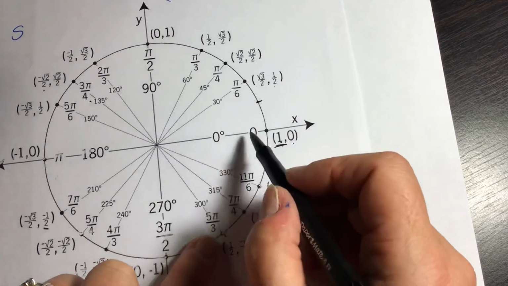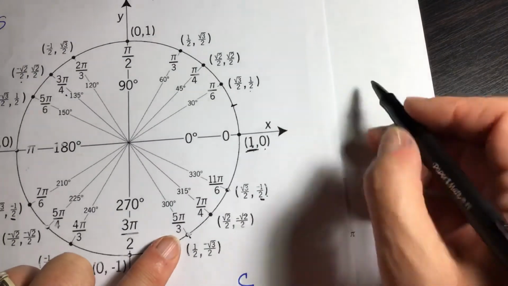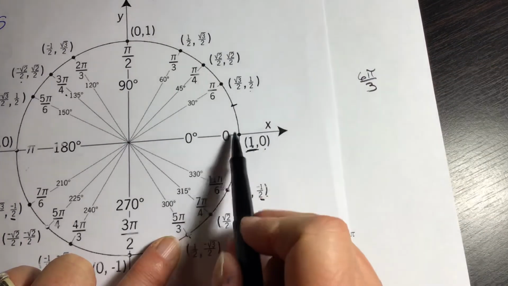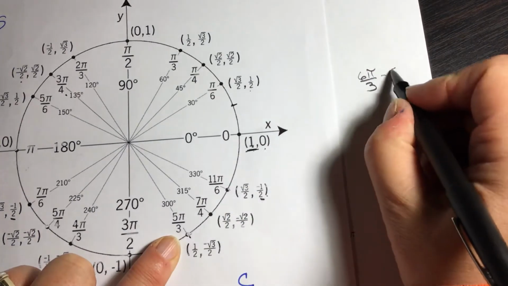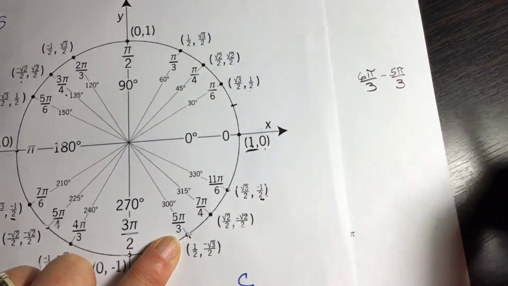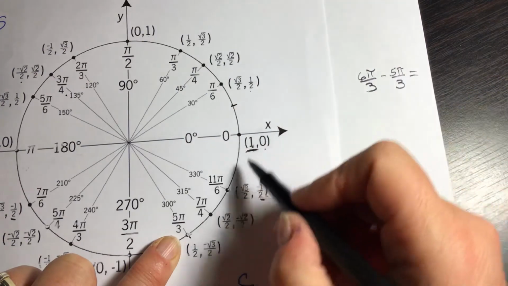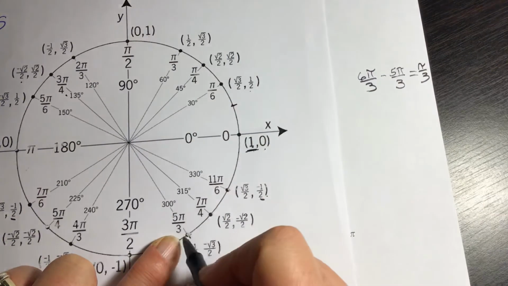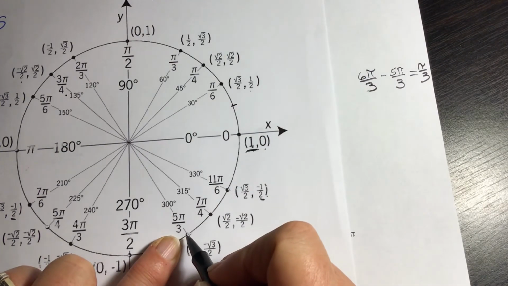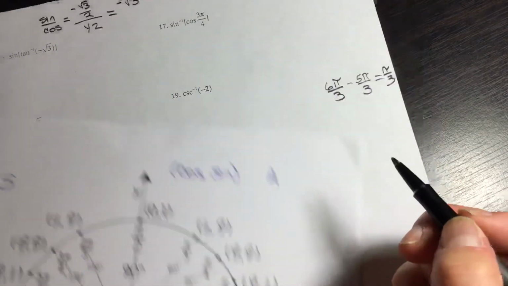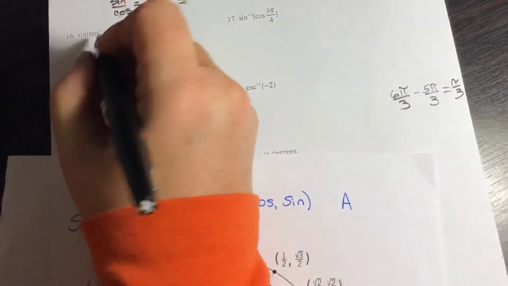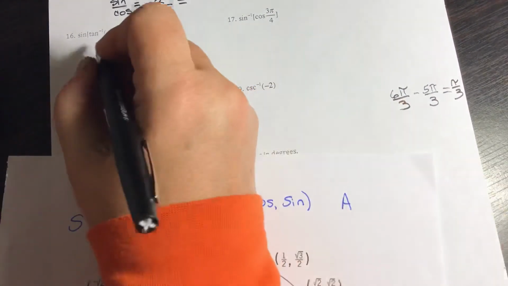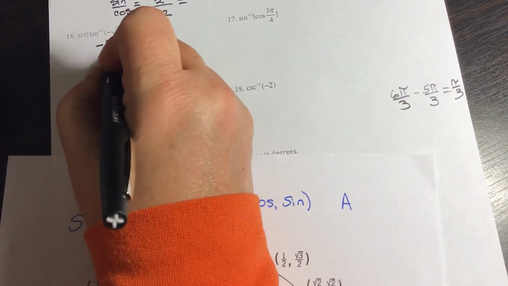I'm going to write this over here on the side: 6 pi over 3 is what I would have here, minus 5 pi over 3, which gives me, in the negative direction, pi over 3. So this angle is negative pi over 3.